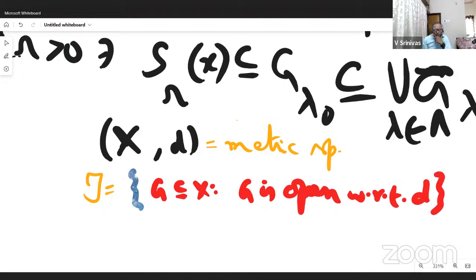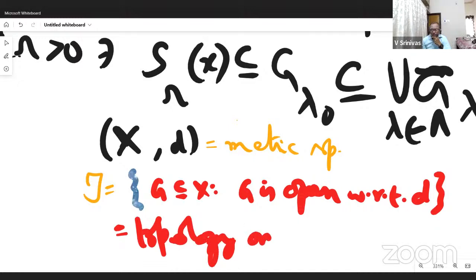So tau is the set of all open sets with respect to the metric D. And then we showed that this is a topology on capital X. And this topology is called the metric induced topology. It is also called the usual topology on capital X.